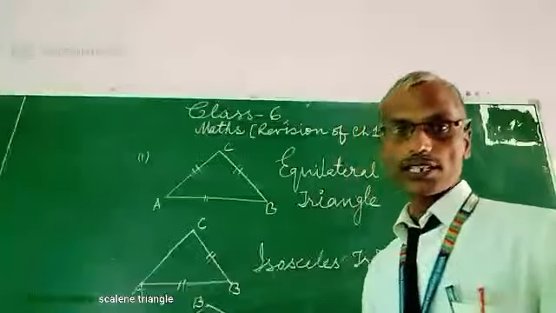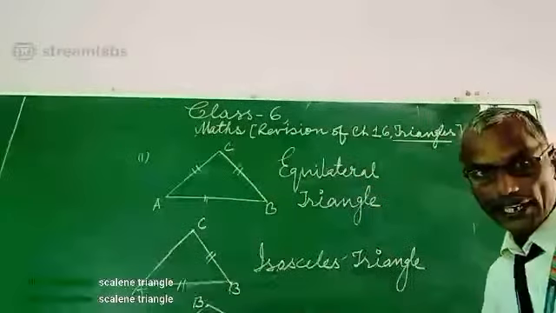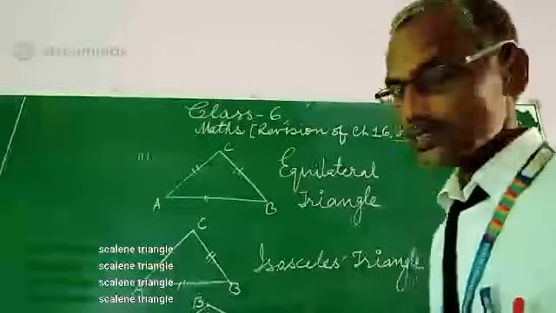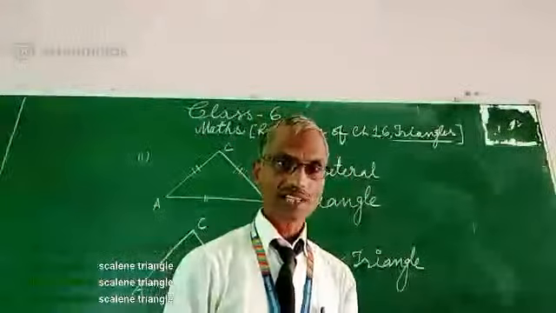Scalene triangle. Good. So these are three types of triangles based on sides. Similarly, there are three types of triangles based on angles.